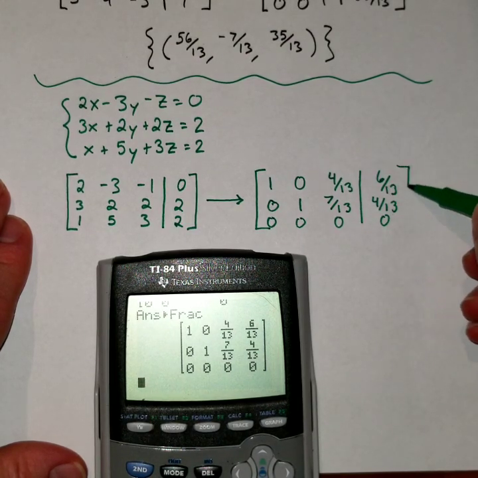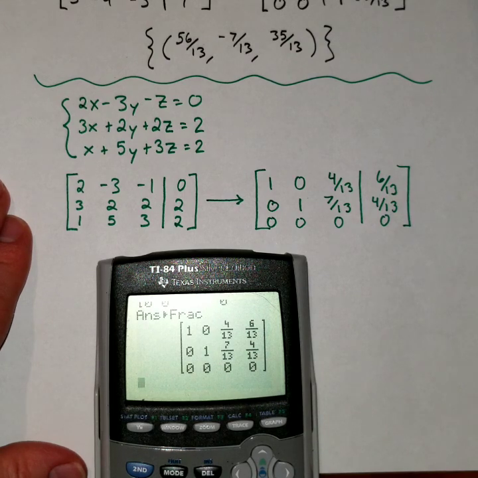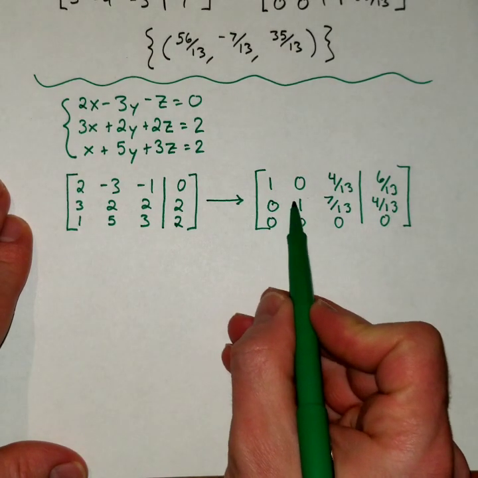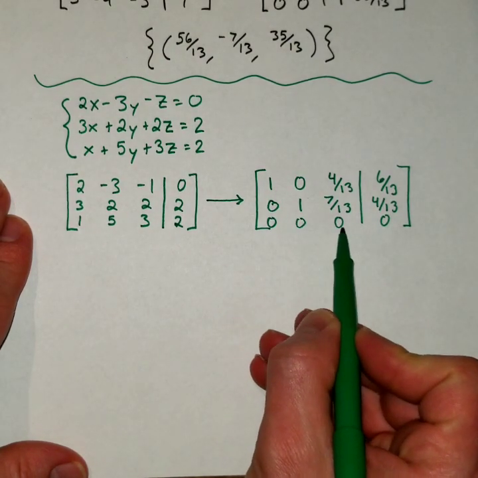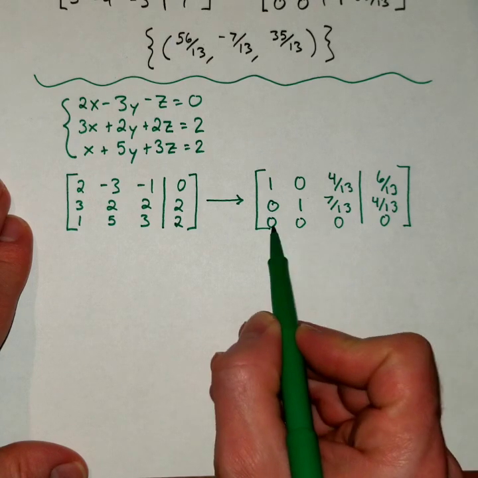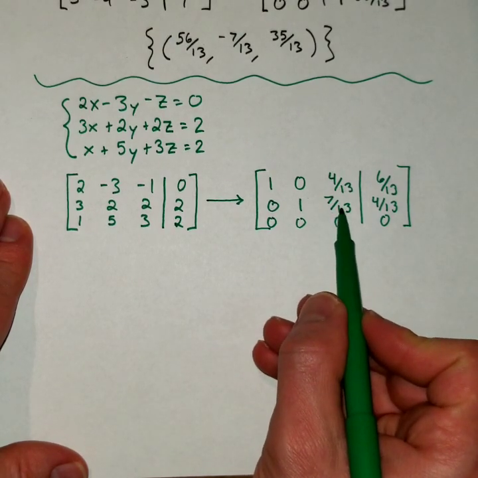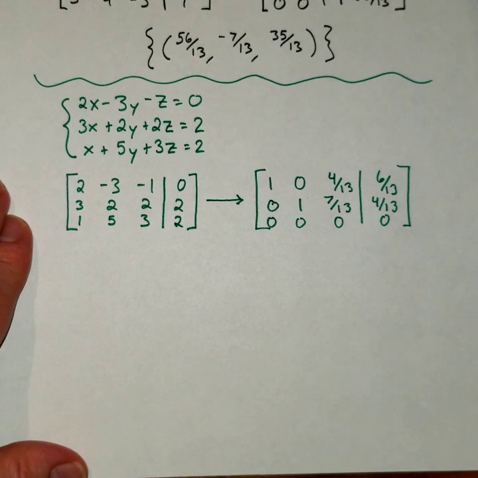This does not look like the reduced row echelon form that we've seen before. Okay, and the reason for that is you don't have ones on the diagonal. You're missing a 1 here. And you don't have zeros everywhere else. You've got a couple things that aren't zeros. Okay, so this actually creates a problem.